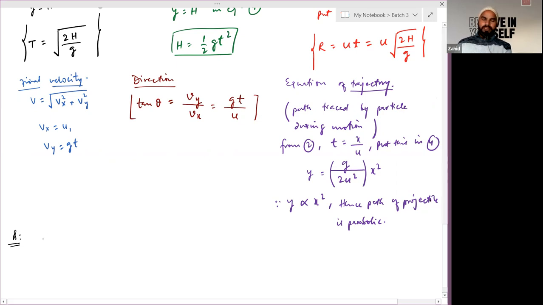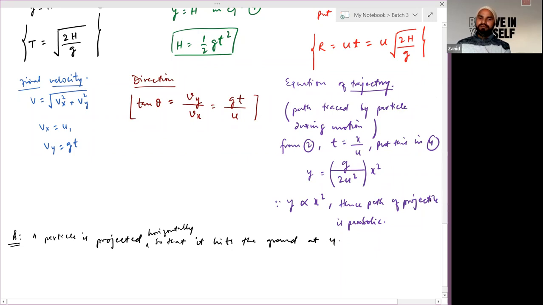I'm giving you one problem related to this. A particle is projected so that it hits the ground at 45 degrees in 3 seconds.